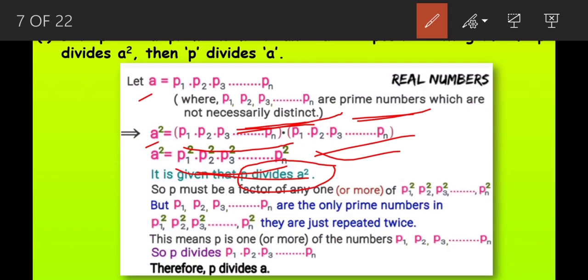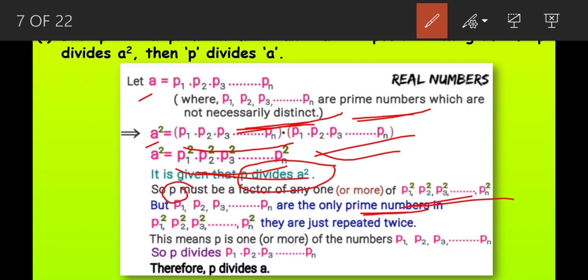What is A square? P1 square into P2 square into P3 square and so on up to Pn square. So P must be a factor of any one or more of P1 square, P2 square, P3 square. But P1, P2, P3, Pn are all prime numbers.